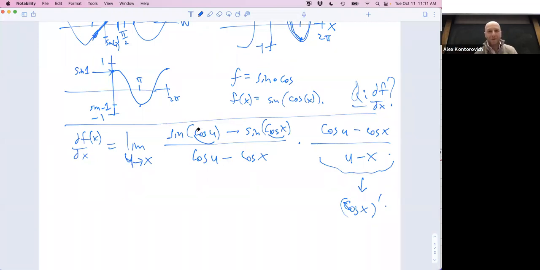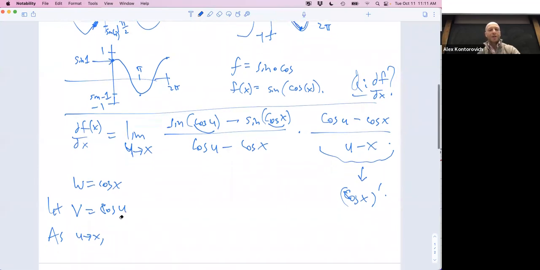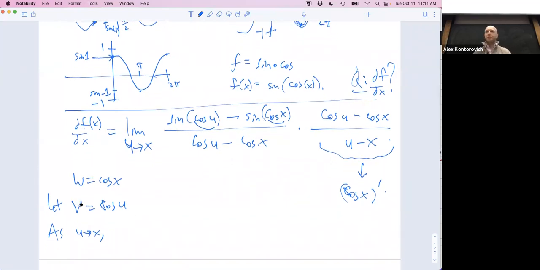What is happening here? We already said that w was the value of cosine of x, and let's give another name, v. Let v be the value of cosine of u. Now, as u goes to x, what happens with v and w?